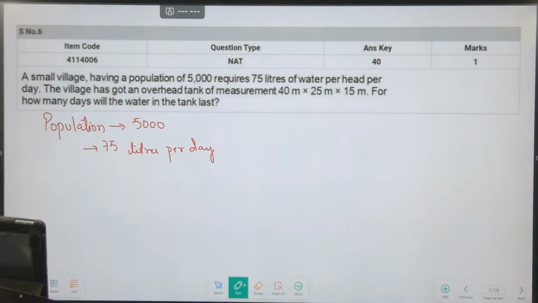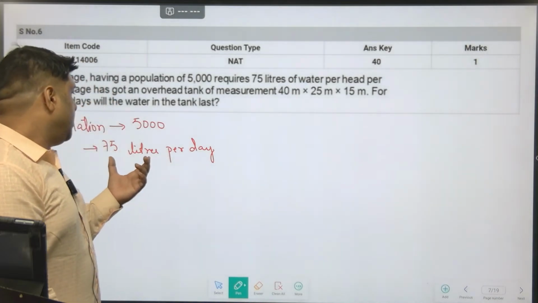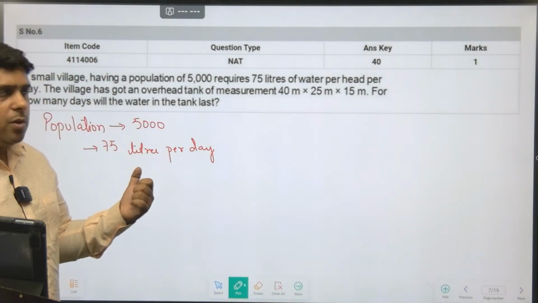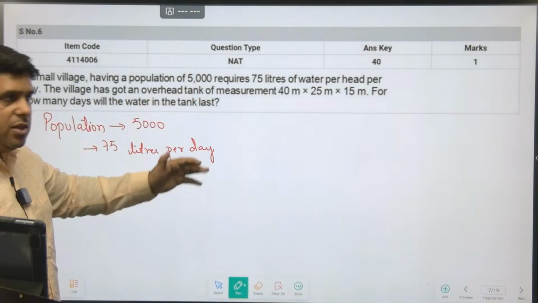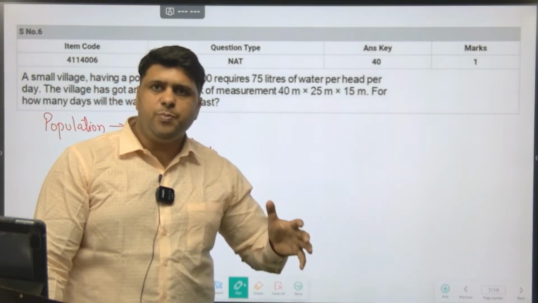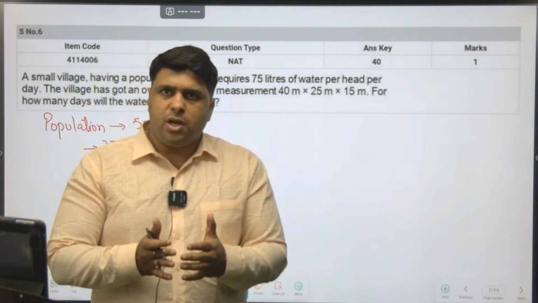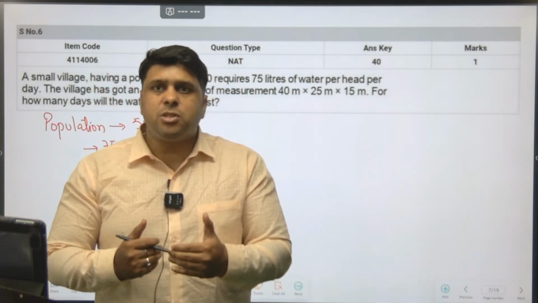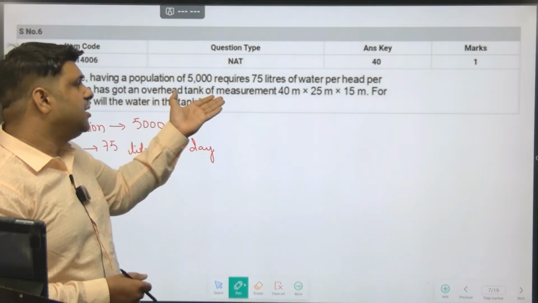So each person is going to consume 75 liters per day. Now this overhead tank has some volume, so from this volume we have to consume. So our total consumption of 5,000 people must be equal to the volume of this tank.